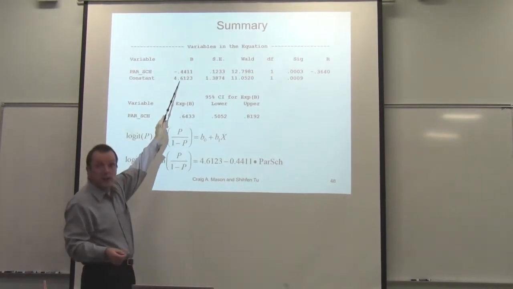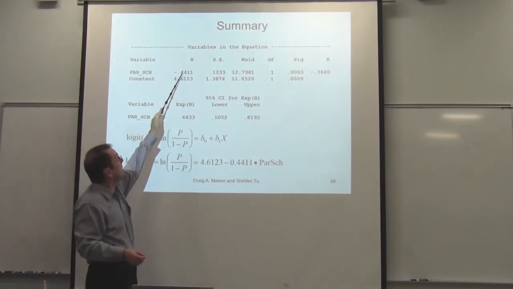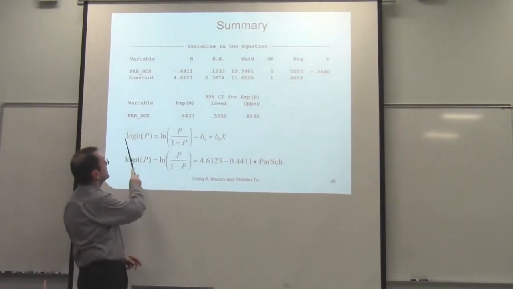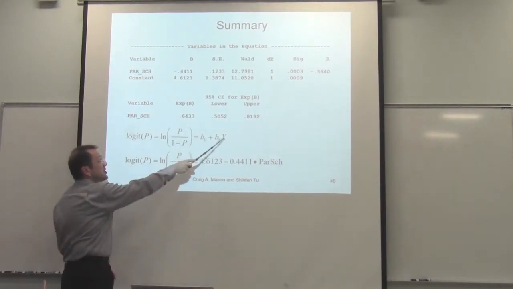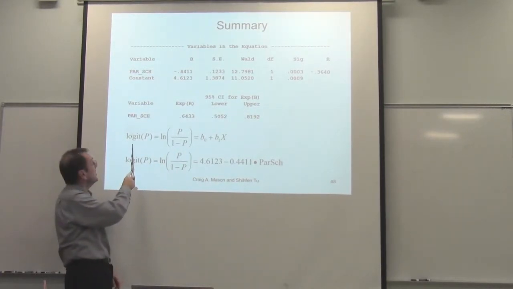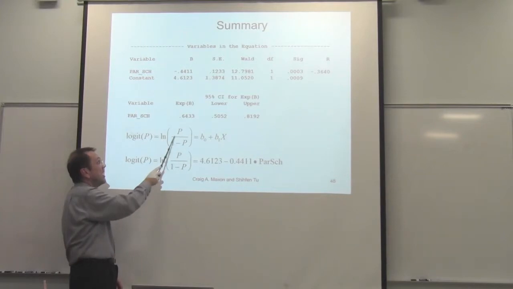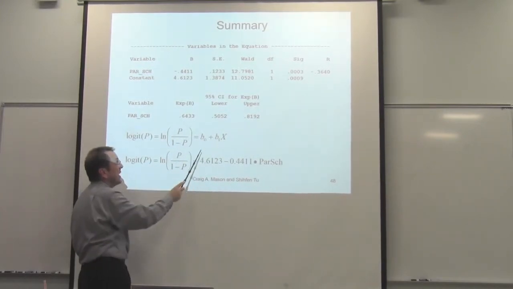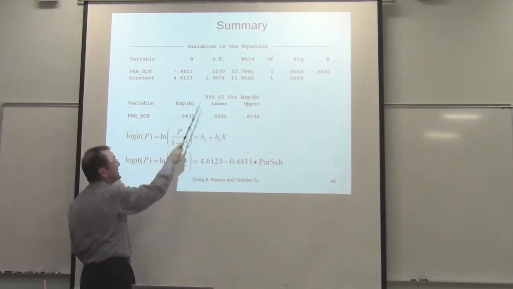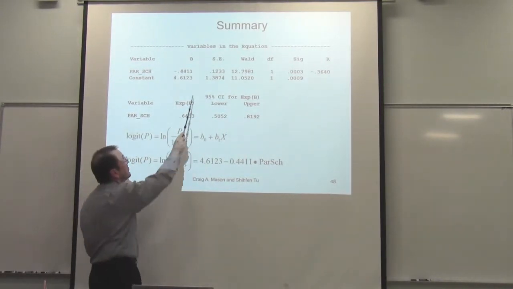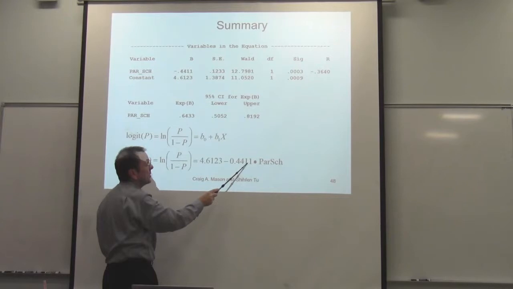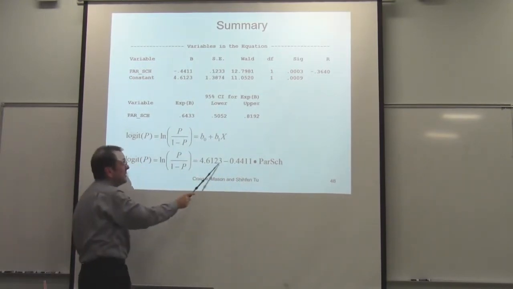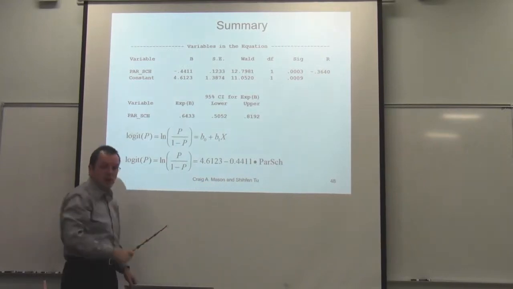The constant is our intercept. So here's B1, here's B0. Here's the generic logistic regression equation: the logit equals the log odds equals B0 plus B1 times X. We just plug them in. B0 is 4.6. B1 is negative 0.4411 times parent schooling. So there's our logistic regression equation.